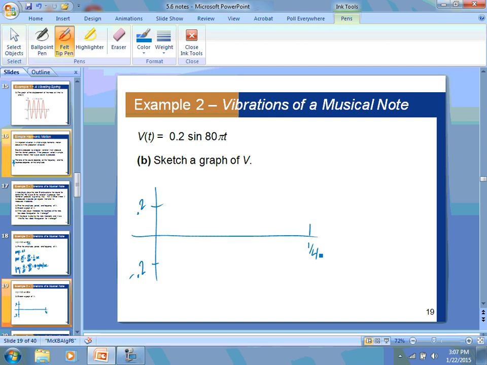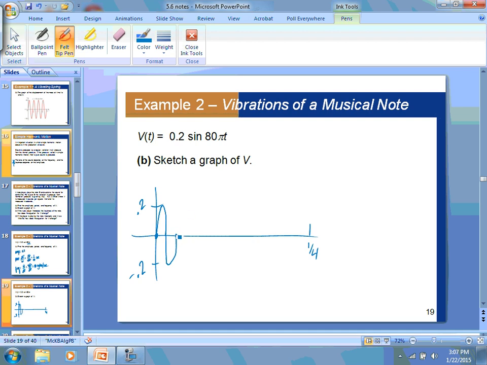Okay, so let's see here. If I did just one cycle, I would start at 0, and then I would go up to 0.2, come back down to 0, then go down to negative 0.2, and then back up. Okay, so there's one cycle. And then I would have to repeat that 9 more times.